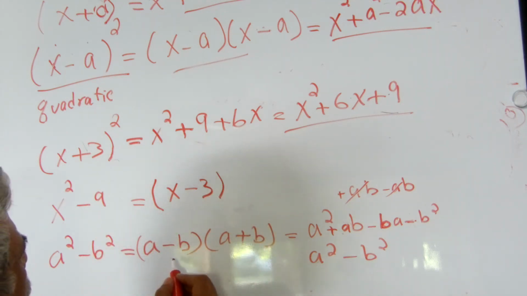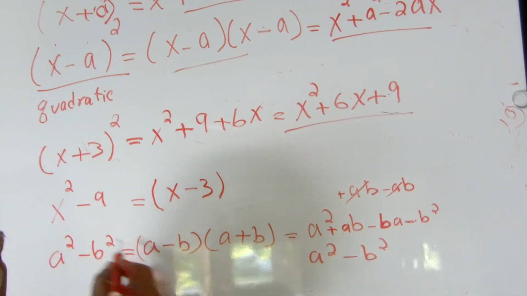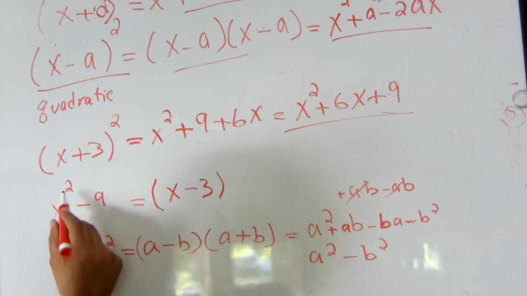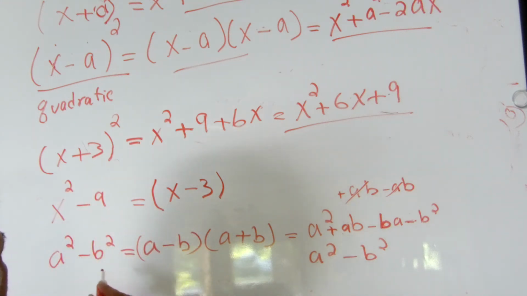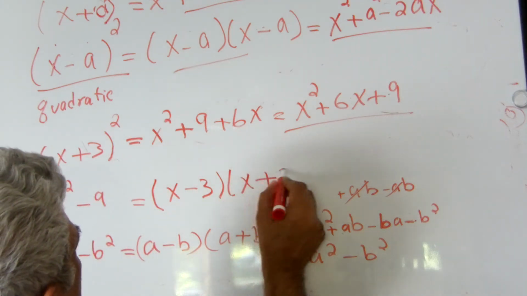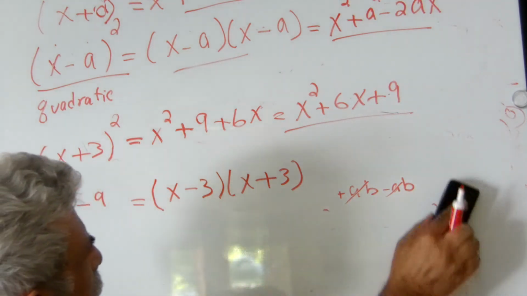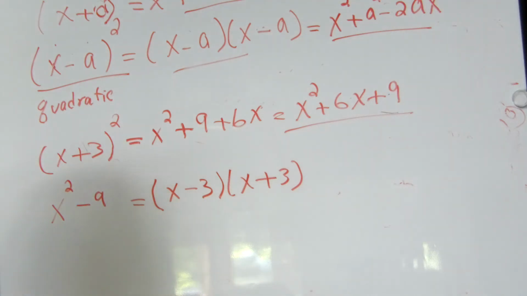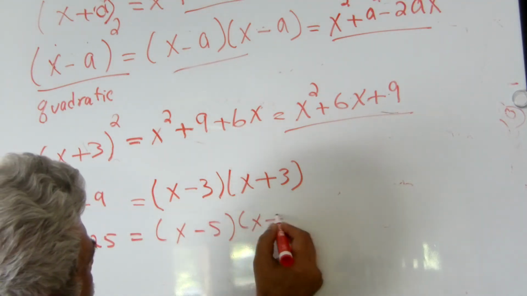The first item minus the second item, x, and the square root of 9 is 3, so that is going to be x minus 3 times x plus 3. So when you see something like that, always write it like that. Another example, x squared minus 25. What will you write? x minus 5 times x plus 5.